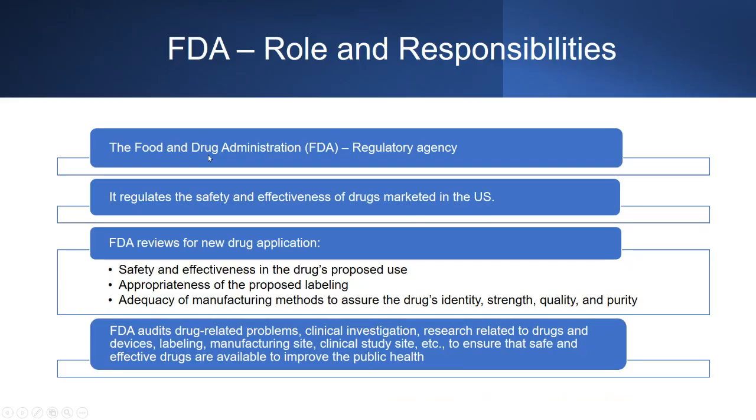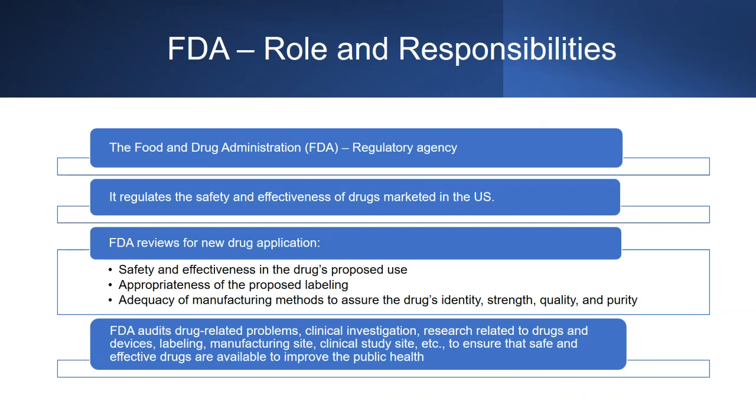So what are the FDA's roles and responsibilities? FDA is a regulatory agency and it regulates the safety and effectiveness of drugs marketed in the US. How does it review and regulate? Through the new drug application process. Whenever you have a new drug, you submit a new drug application to FDA. It reviews the safety and effectiveness of the drug, the proposed use, the appropriateness of the proposed labeling, and the adequacy of manufacturing methods to assure the drug's identity, strength, quality, and purity.